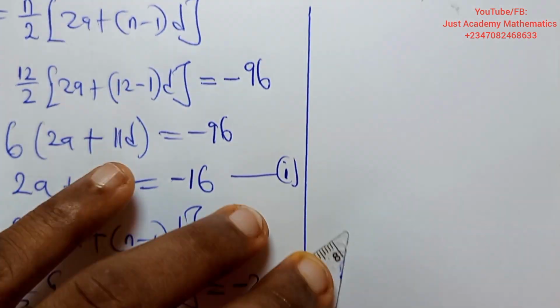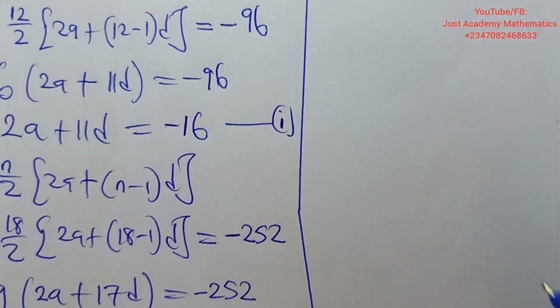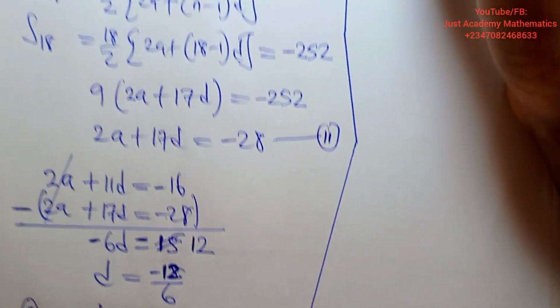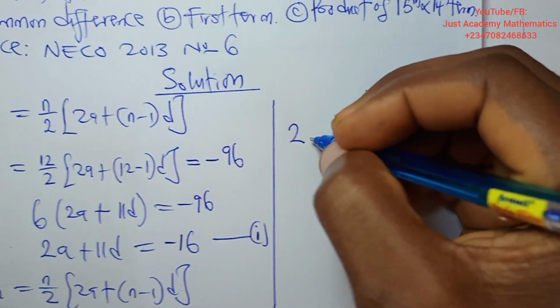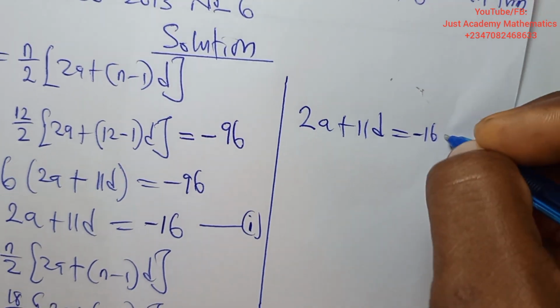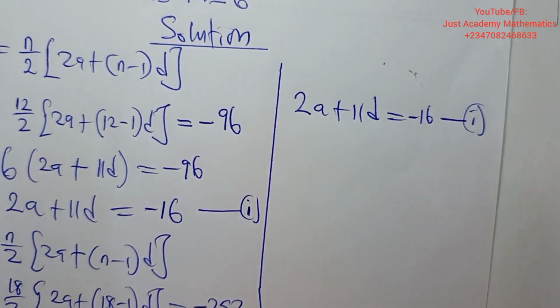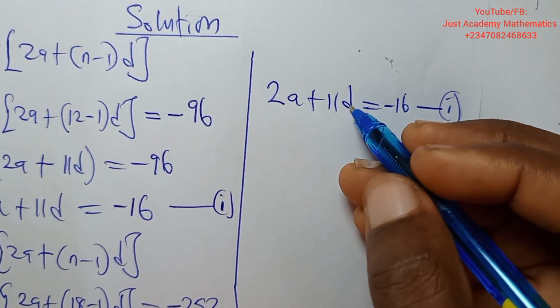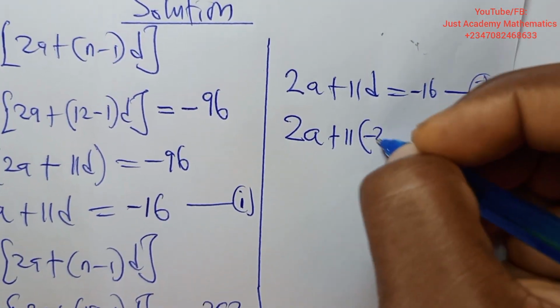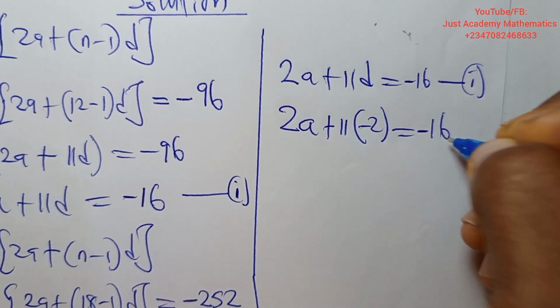Now that we know d is minus 2, can we find the other ones? Yes. From equation 1, 2a plus 11d equals minus 16. Anywhere we see d, we put minus 2. So 2a plus 11 times minus 2 equals minus 16.